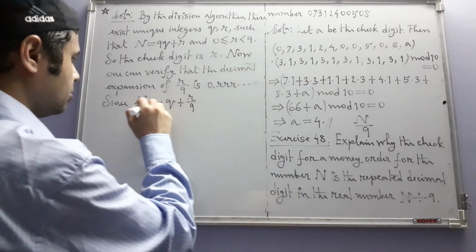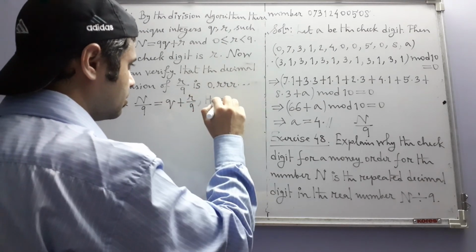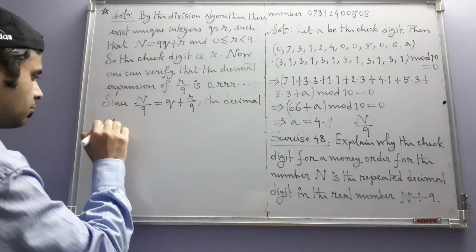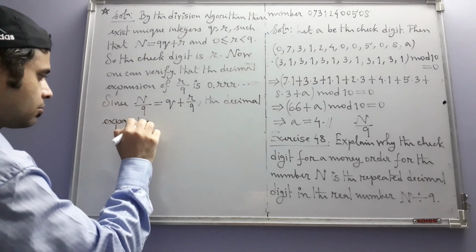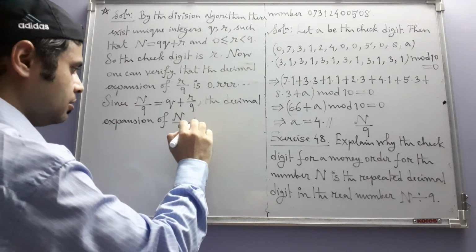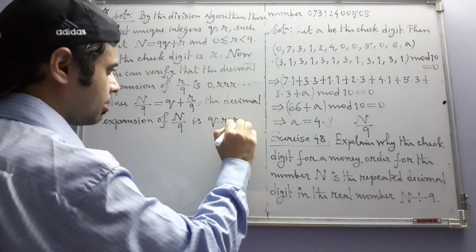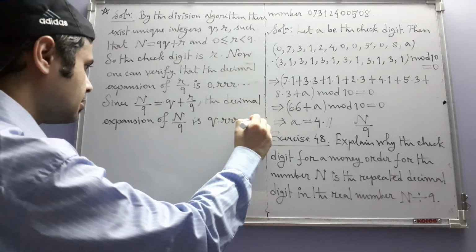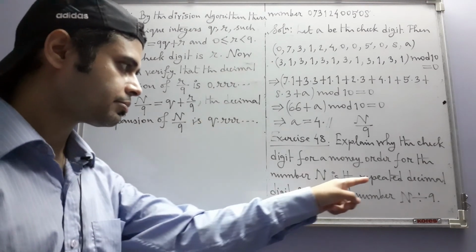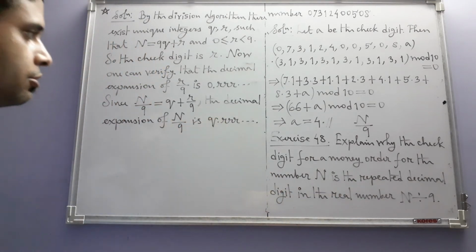So the decimal expansion of N divided by 9 is simply this Q point R etc. So you can see that in this decimal expansion of N by 9, the check digit is the repeated decimal digit in the real number. So that's what we had to show.